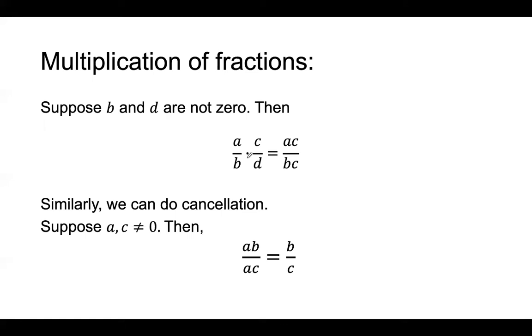Then we multiply the numerators together, and we multiply the denominators together. Sorry, that's a D. So examples of this are 3 over 5 times 7 over 2, and we get 3 times 7 over 5 times 2, which is 21 over 10.